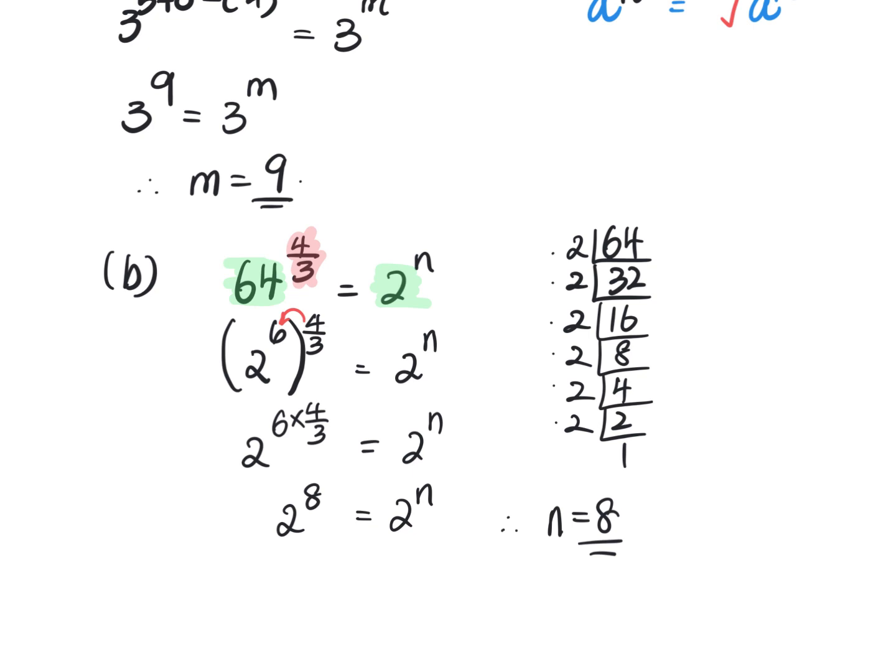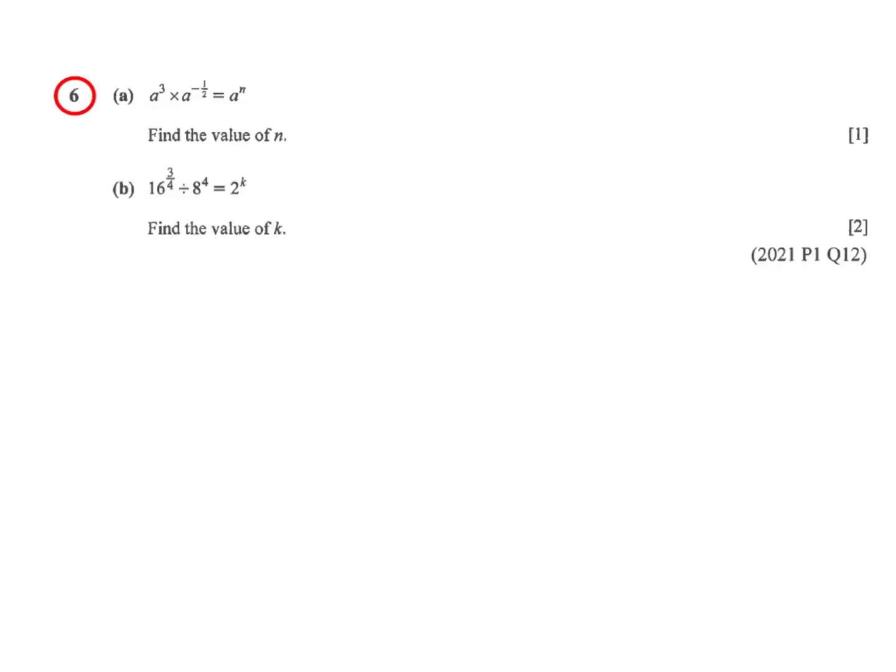Let's try a few more questions. Next question, 6a, simplifying the indices: a to power of 3 times a to power of negative half equals a to power of n. When we have multiplication, we add up the power. So a to power of 3 plus negative half.